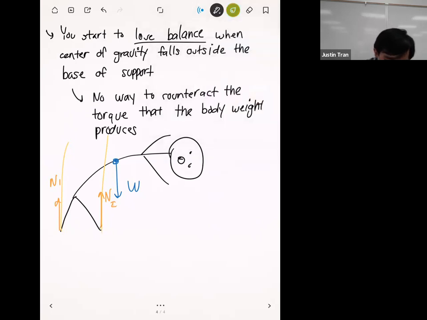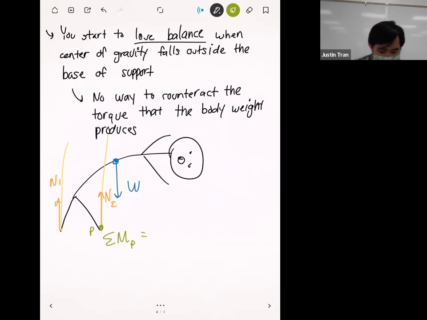Let's sum up the moments around here. We'll call this P. The reason I chose this point is because, if you're tipping over to the right, like this guy is, then you're going to be rotating on the foot that's planted on that side. By performing this calculation, we're looking to see if the body is going to rotate around that fixed point.